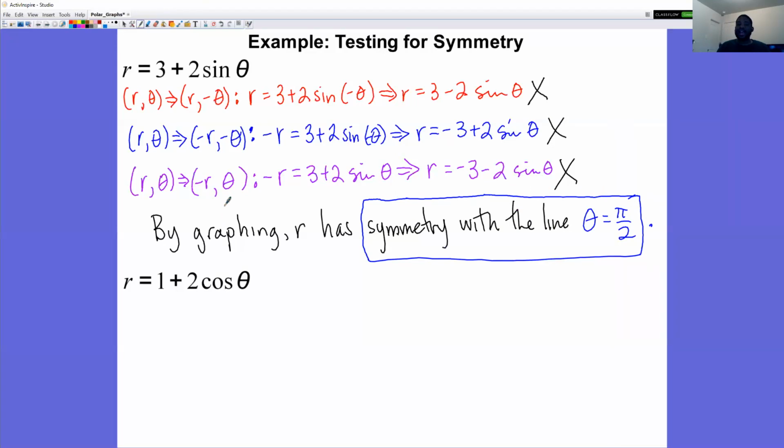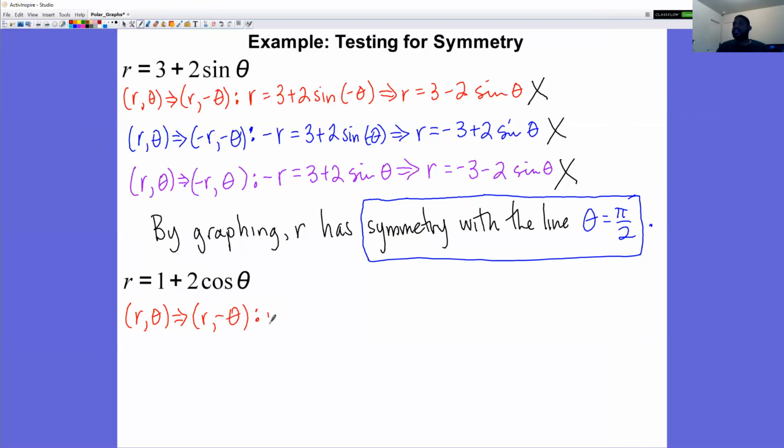All right, let's take a look at the second equation. We got r equals 1 plus 2 cosine theta. So I'm going to do the same test as I did before. I'm going to check first symmetry with respect to the polar axis by changing theta to negative theta.